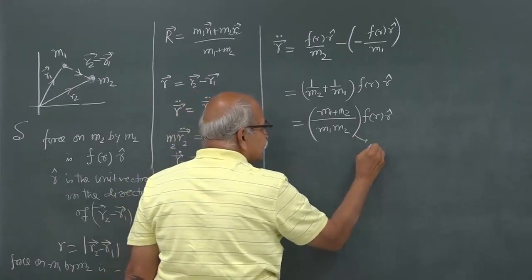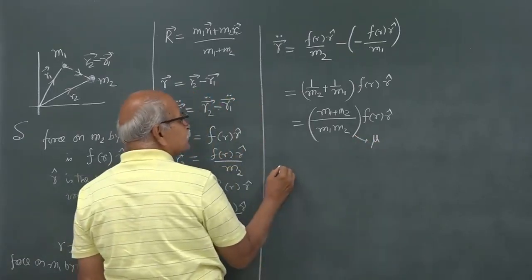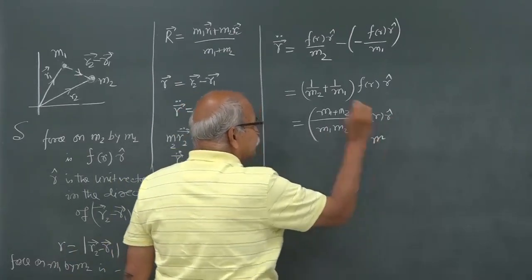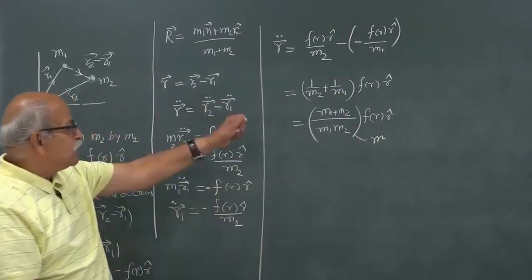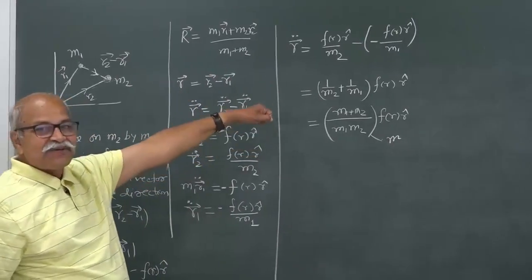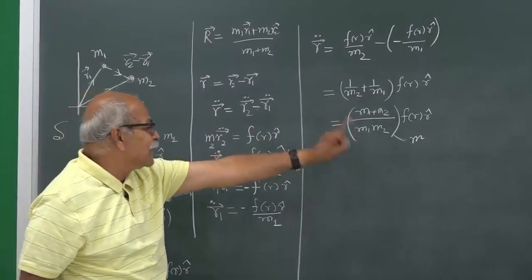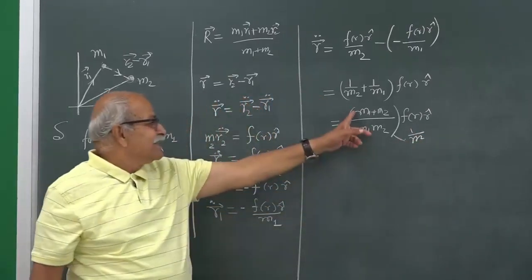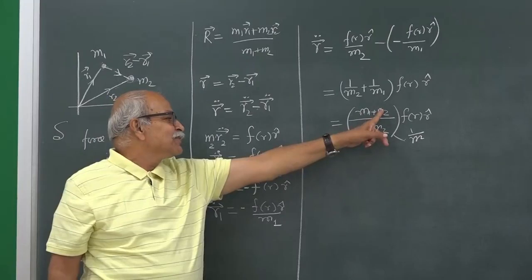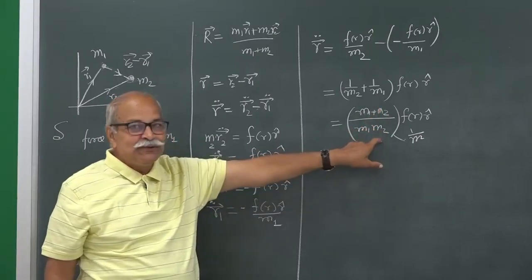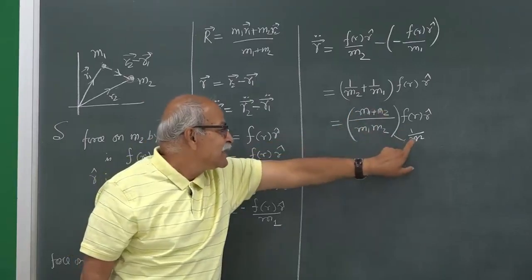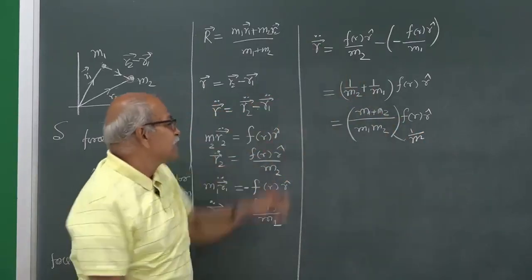We have not used m as such, we have used m1 and m2, so let us write this as 1 by m. Here it is m1 plus m2, here it is m1 into m2, so it is 1 divided by mass. Let us write this quantity as 1 by m and take this m on the left hand side.